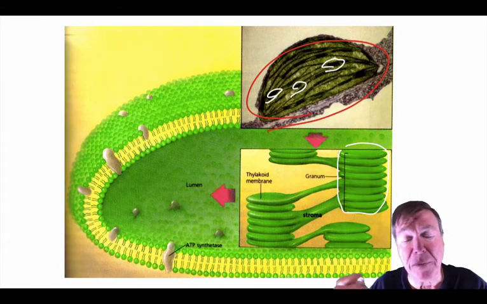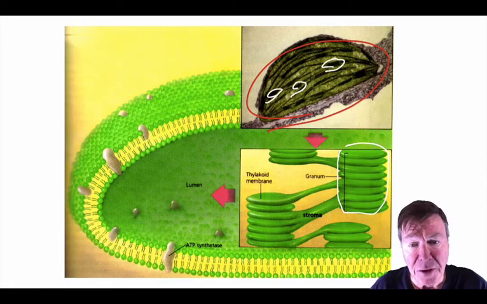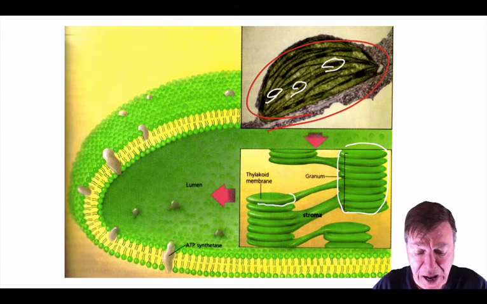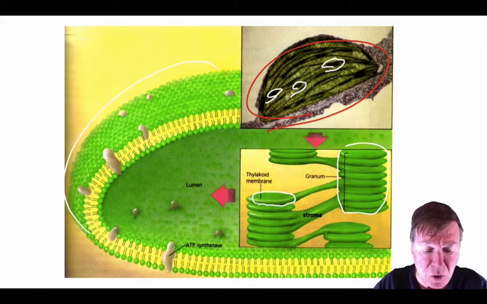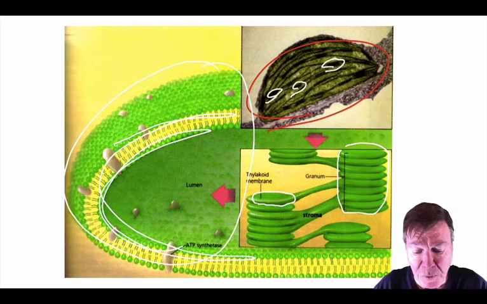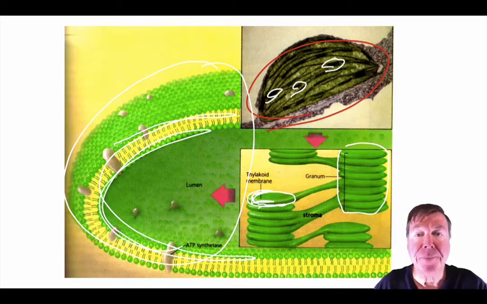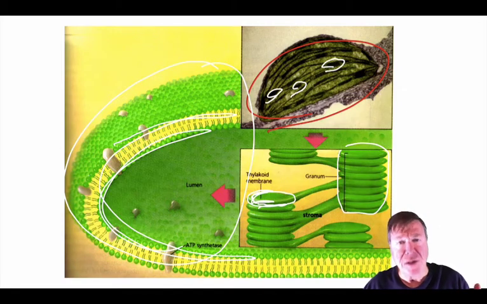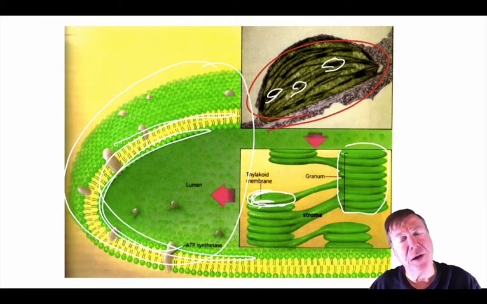I've seen better pictures of the thylakoid membranes, and they look like stacks of coins. If we take one of those stacks and look at it, we get this whole thing here. You don't need to know that. I'm just showing you what a chloroplast looks like.